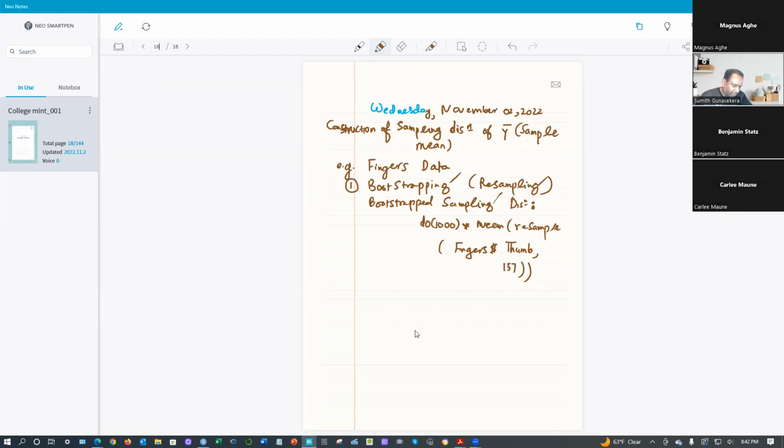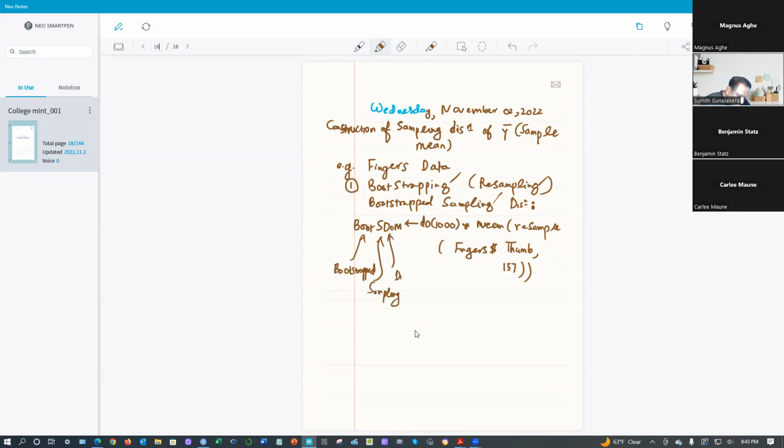Because of that, rather than calling this a population or anything, I'm going to give you a new name for this: boot SDOM. What does that mean? Boot is for bootstrap, S is for sampling, D is for distribution.